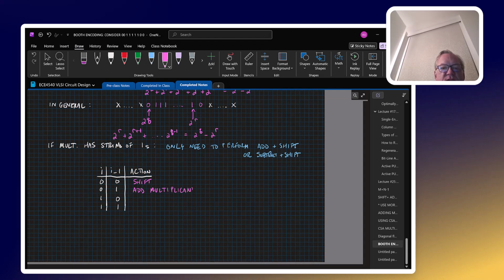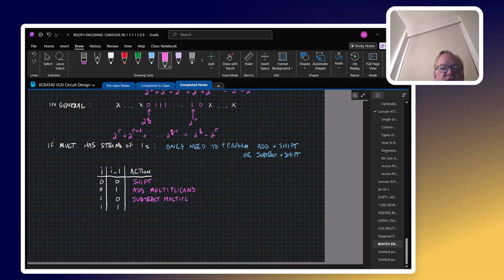This indicates that we have the end of a string of 1s. If the current bit is 1 and the previous bit is 0, we're going to subtract the multiplicand. This indicates that we're at the beginning of a string of 1s. And if the current bit is 1 and the previous bit was 1, we're just going to do a shift with no addition or subtraction.